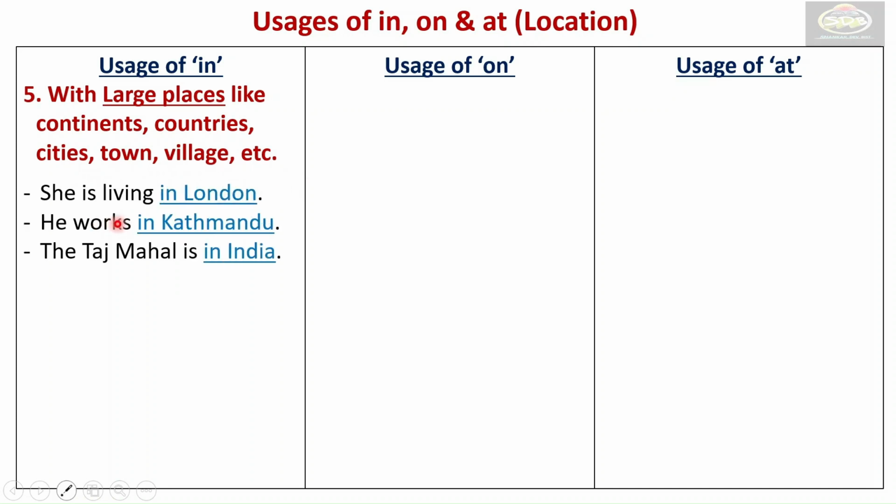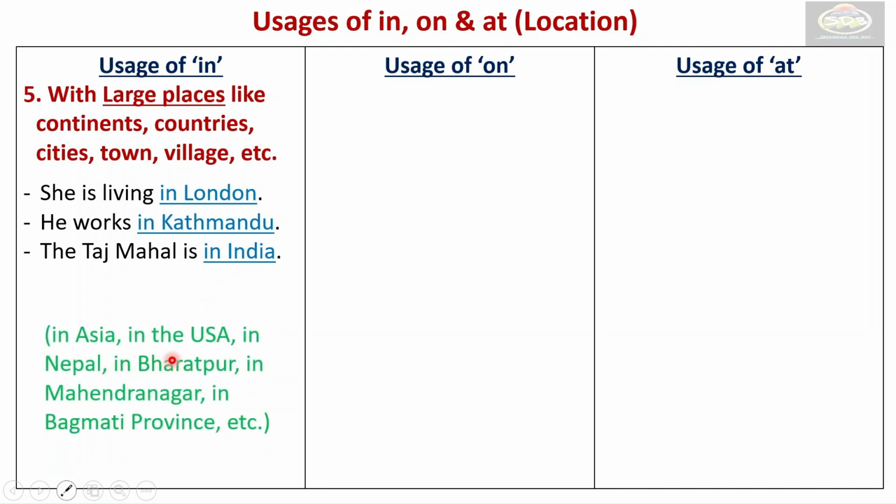Examples, she is living in London, in Kathmandu, in India, in Asia. More examples, in the USA, in Nepal, in Bharatpur, in Mahendranagar, in Bagmati province, etc.